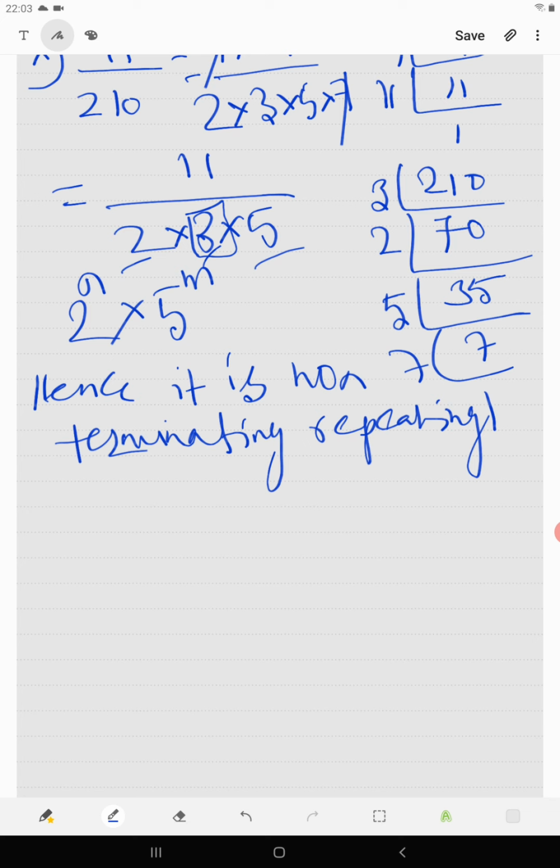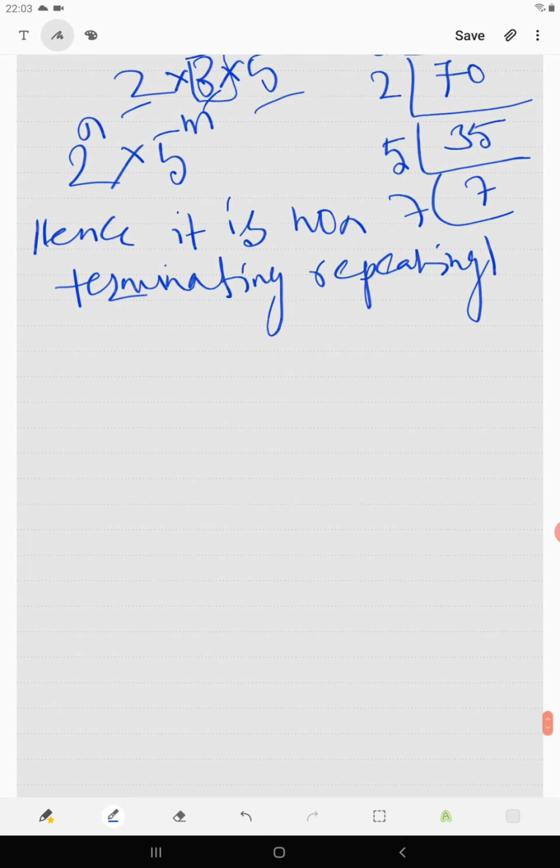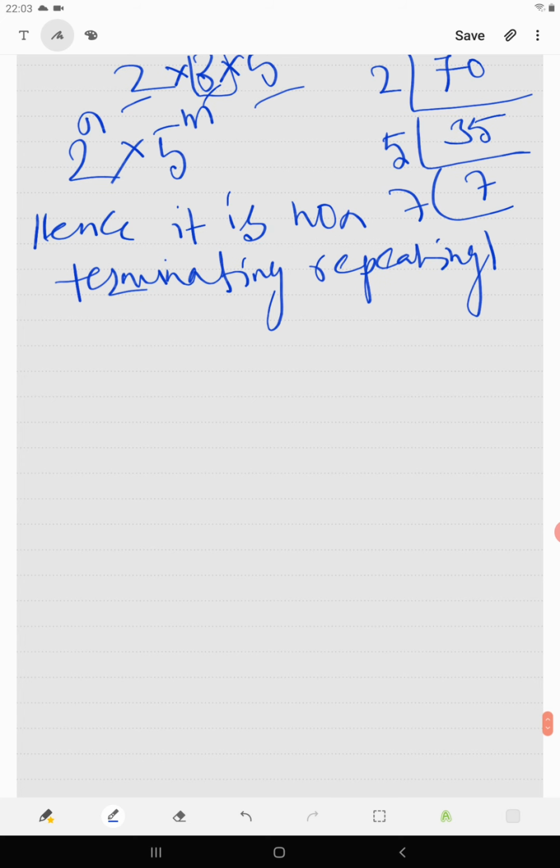For question 1 there are 10 questions, in that only a few are terminating. Which are those? I am going to write it down. So the first thing which is terminating is 13 divided by 3125. So we need to divide it, as simple as that.